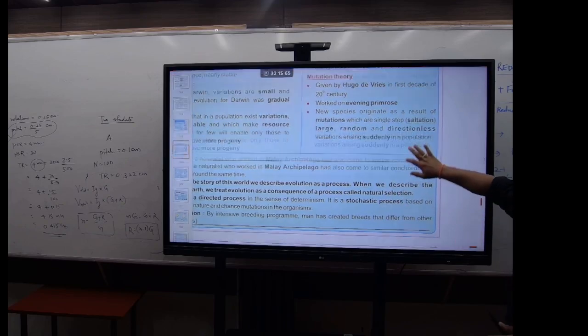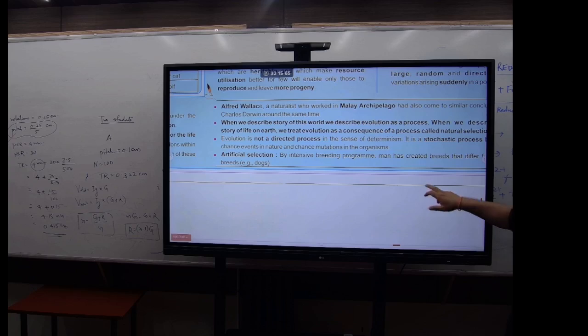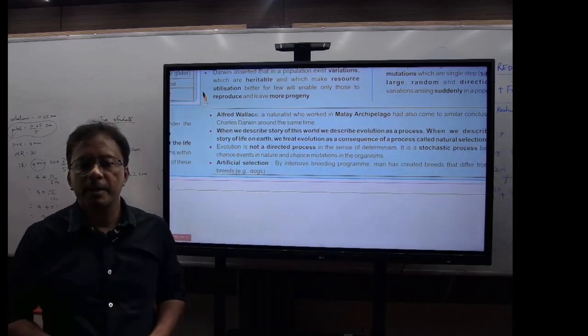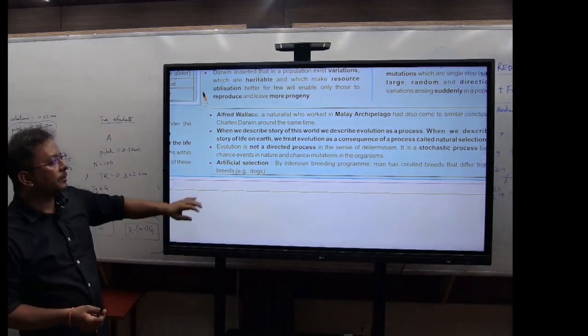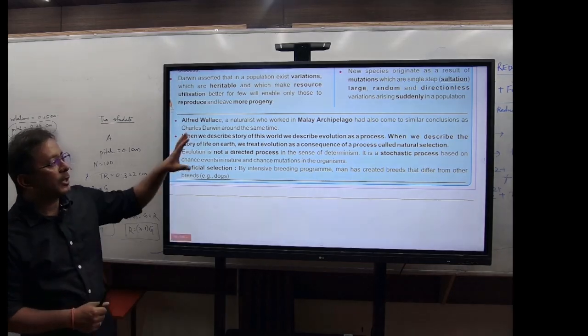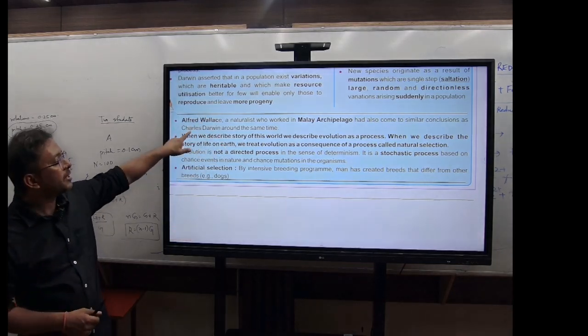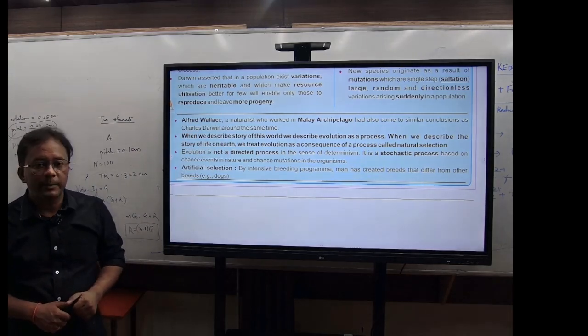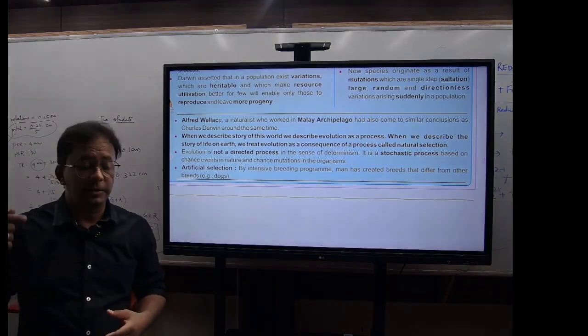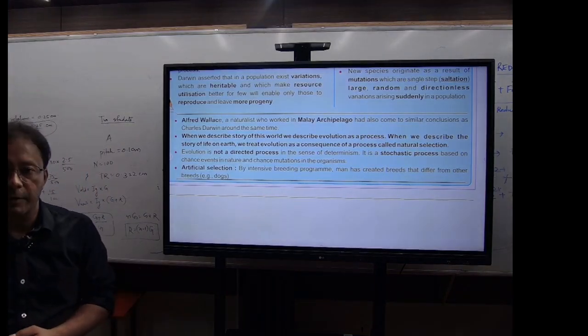Understood, right? Next, remember this scientist, Alfred Wallace. Same as Darwin, a naturalist who worked in the Malay archipelago, he had also come to the same conclusion as Darwin around the same time. They actually communicated with each other and proposed their theory of biological evolution.